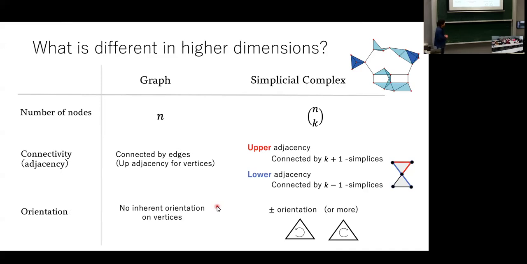Orientation can be considered in some sense as a sign, but you can also consider a very straightforward choice of orientation. For example, if the vertices are ordered in increasing order, you can assign that to be a positive one. You can consider the orientation in your own way, but the choice of orientation does not matter for the homology. So any orientation can work in principle.